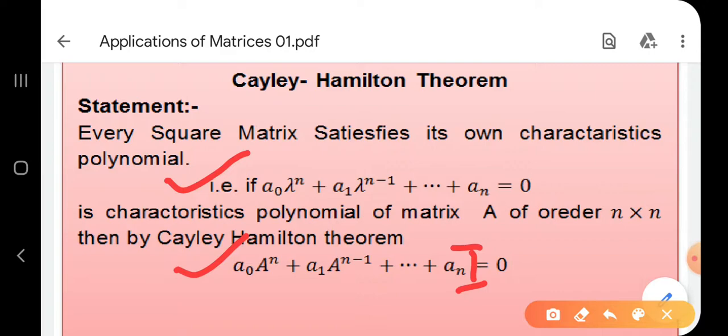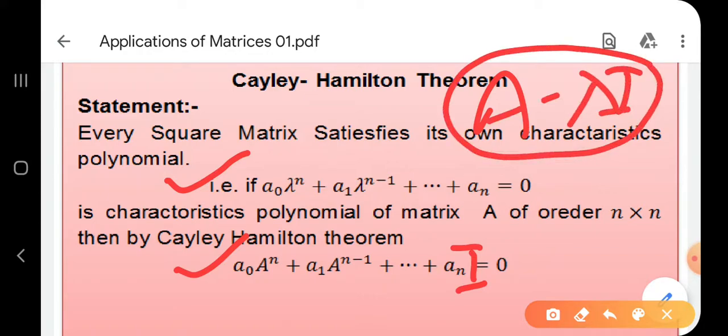Always keep in your mind, whenever we write lambda equal to A, at that time I have to add this identity matrix there. I have to write it properly, because we know we write A minus lambda I, means for addition or subtraction of some number from the matrix, we have to take that identity matrix. That's why we consider it here.